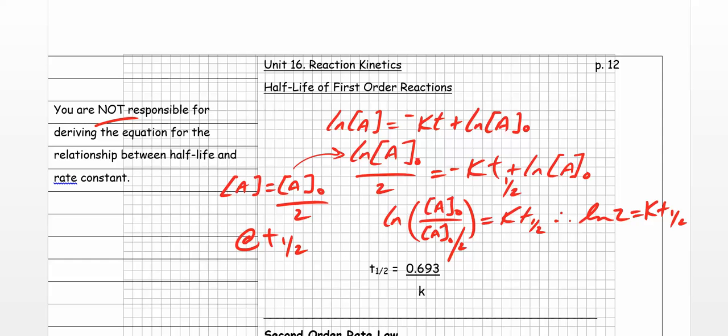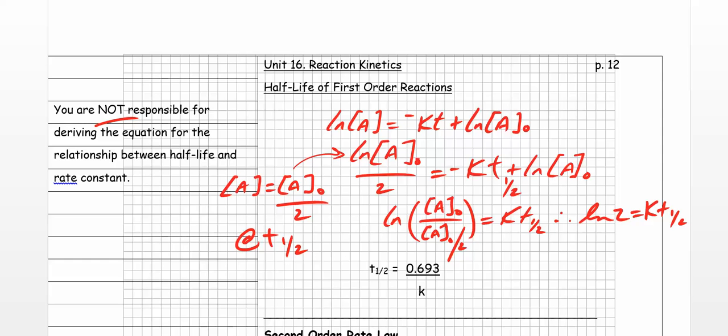So how do we get to the half-life expression? Here's what we do. We start with the integrated rate law. Natural log of concentration, natural log of A, is equal to minus kt plus the natural log of A sub 0. That was the integrated rate law that we looked at just a minute ago. So what we're going to do now is make some substitutions.